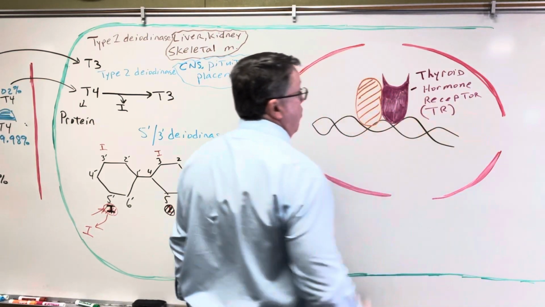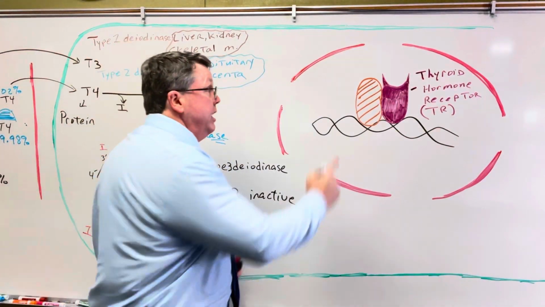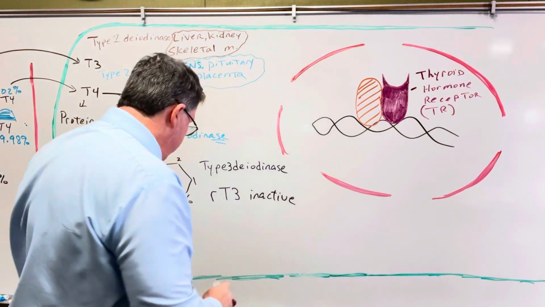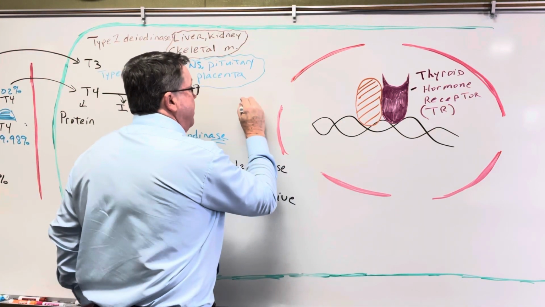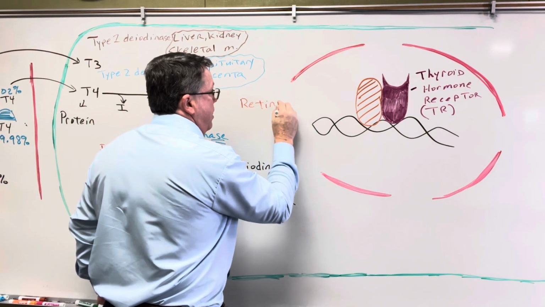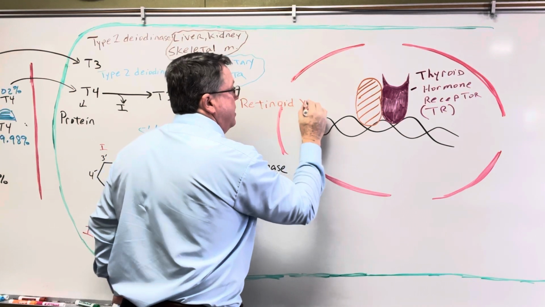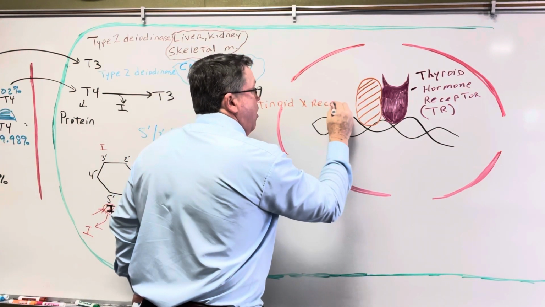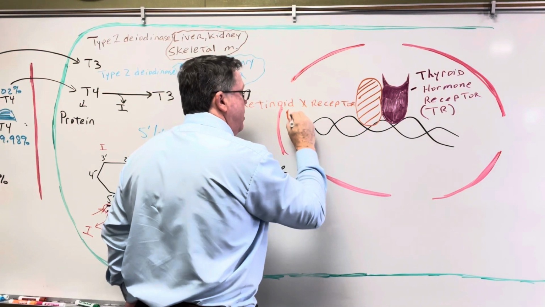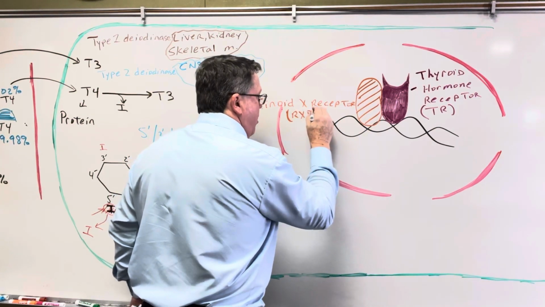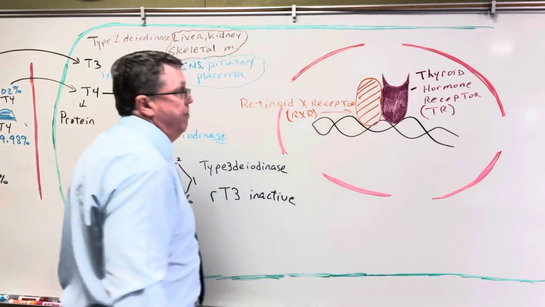Okay, this is the thyroid hormone receptor that's right there. This one here, we call this retinoid X receptor. Or we're just going to call this RXR. Okay, we just call that RXR for short.